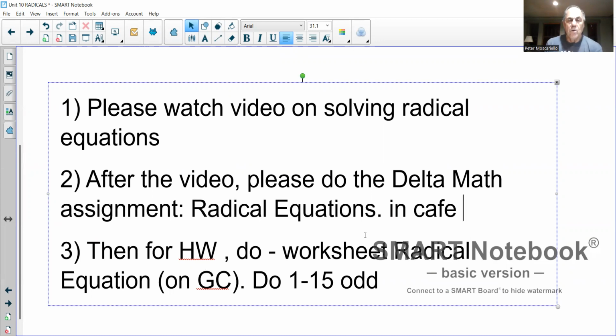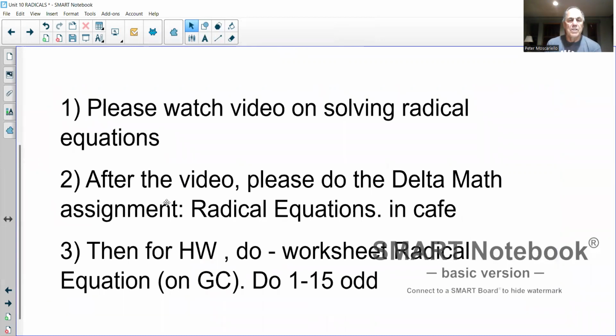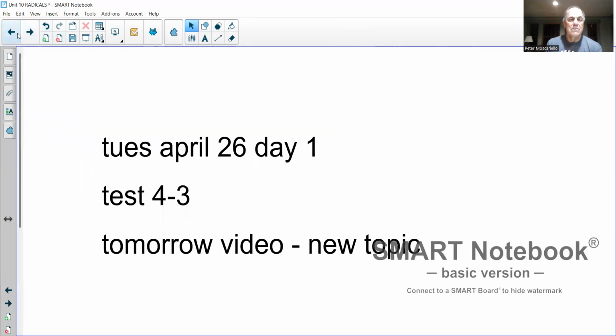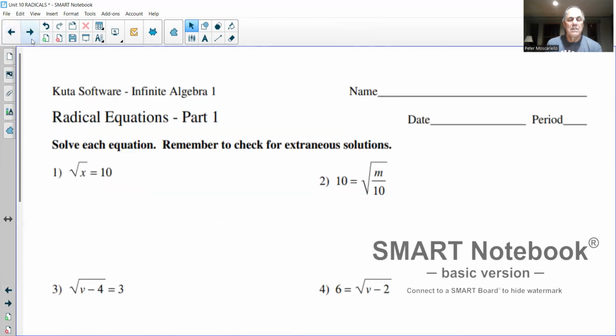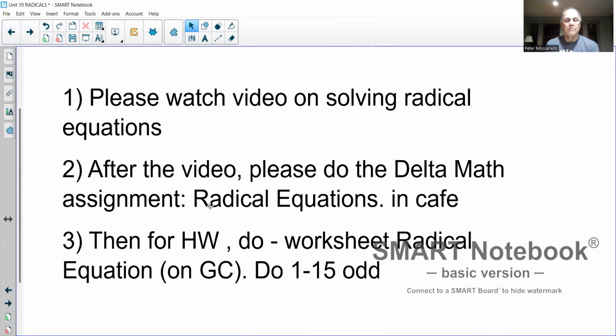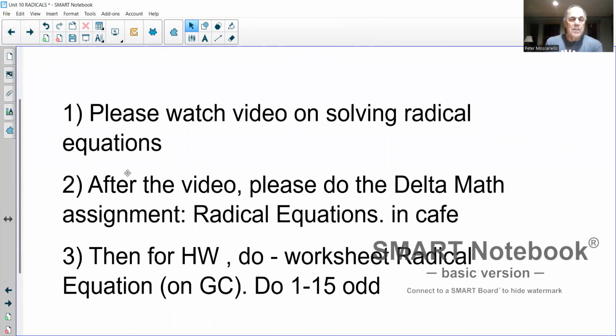And then for your homework, you're going to do a worksheet called Radical Equations. It's on the GC. You're going to do 1 through 15 odd, I think. So I hope you understand what we're talking about.